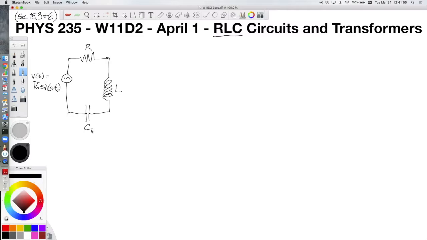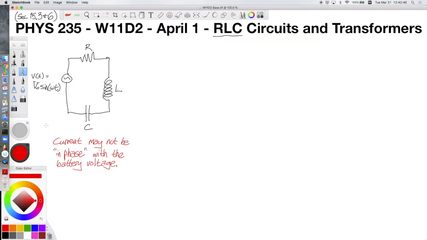One thing to note here, recalling what we talked about on Monday, is that the current in these circuits is not always in phase with the power supply, meaning that the current does not always reach its peak at the same time that the voltage across the battery does.